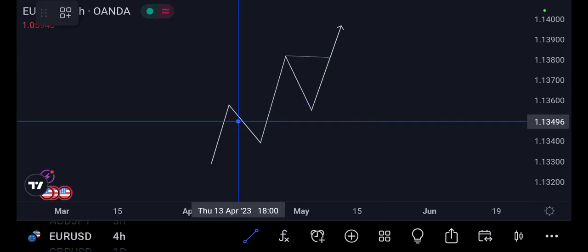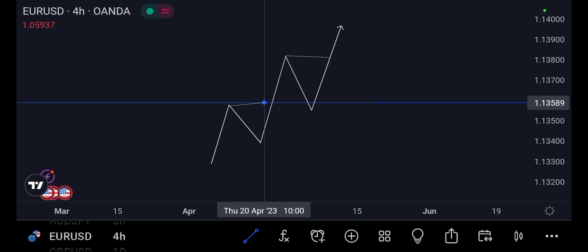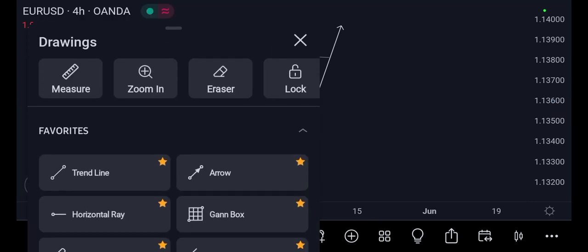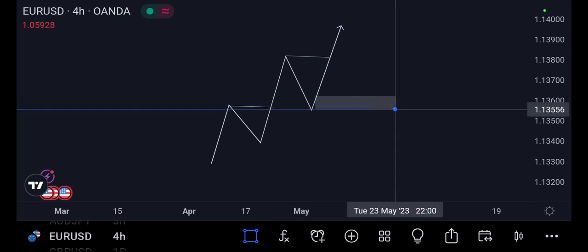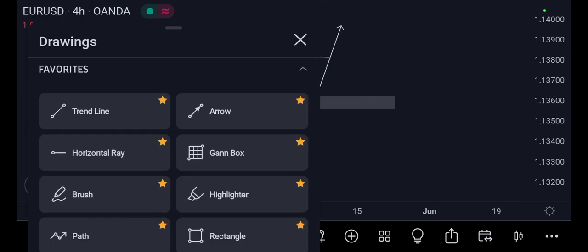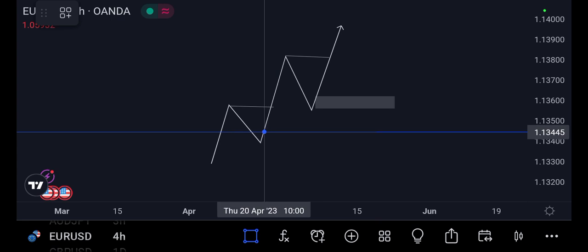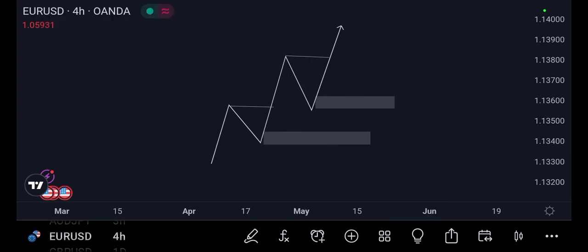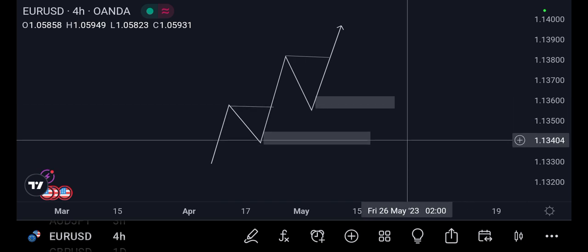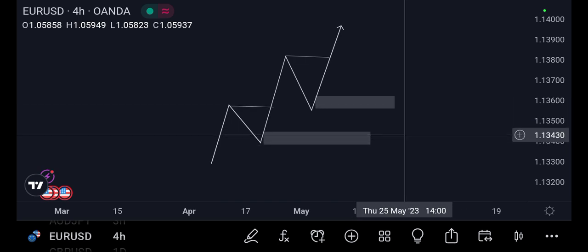We have another break of structure. One could set a pending order here, and you want to set another pending order here. If you set a pending order here and you hit stop loss, just know that it's come to tap the zone, or there's already a new change of trend.